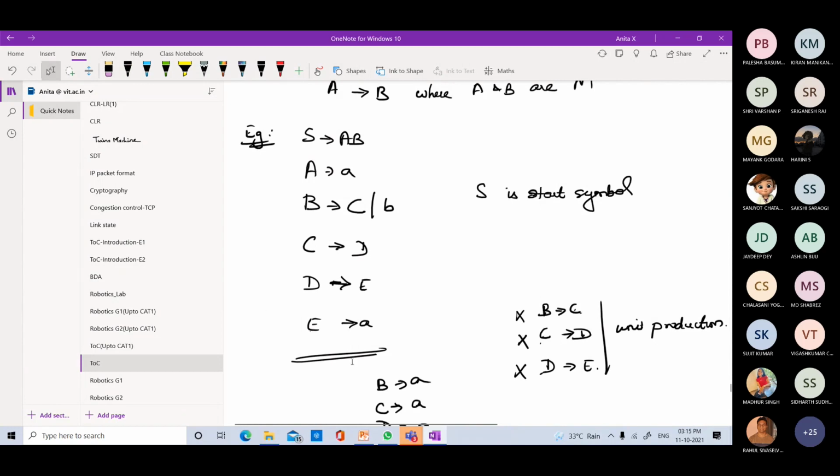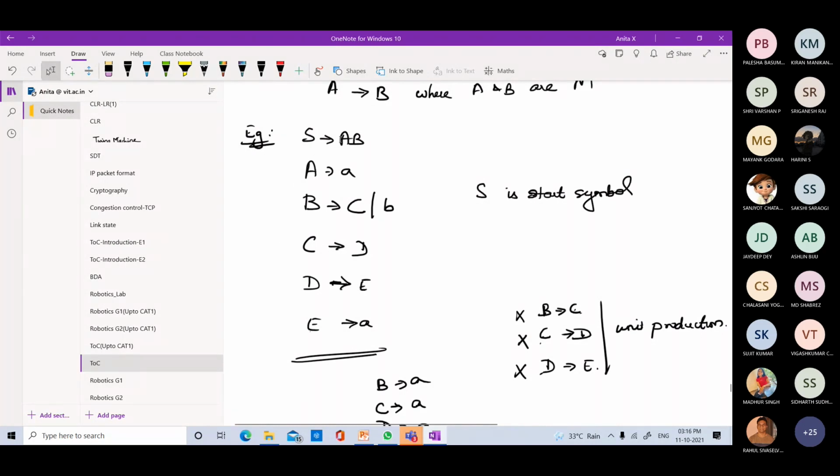Can you see any useless symbol here? Please see here. From S, I can reach A and B. What are the non-terminals here? S, A, B, C, D, E are the non-terminals.